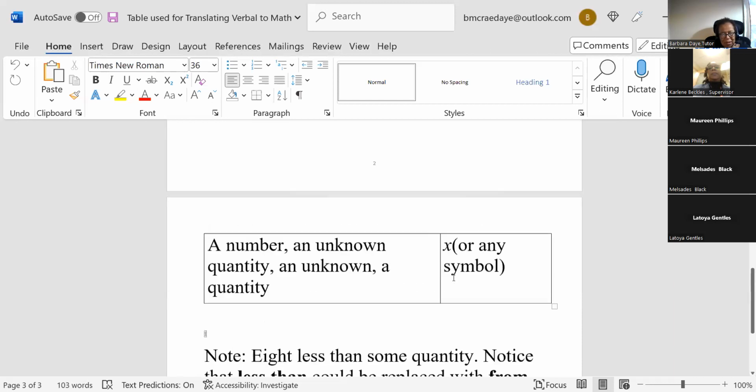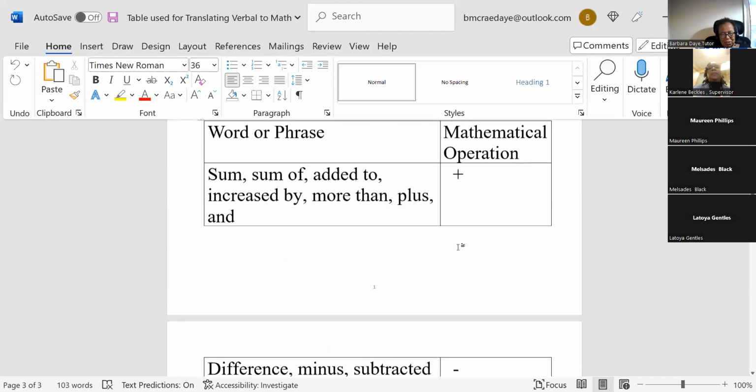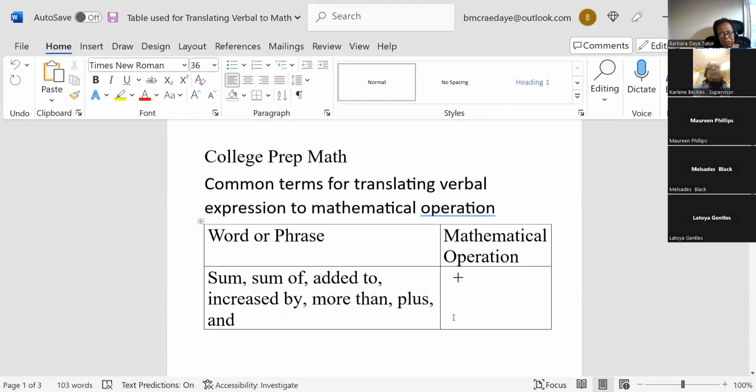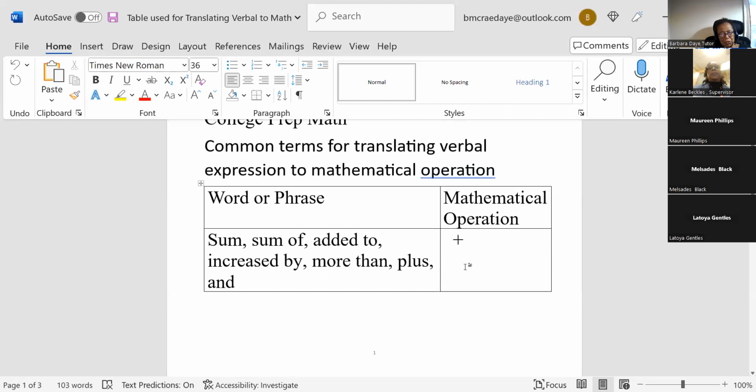Okay, let's go back up here. Common terms for translating verbal expressions to mathematical operations. We're not talking about inequalities. We're talking about when you have these words or phrases, what mathematical operation do they translate to?